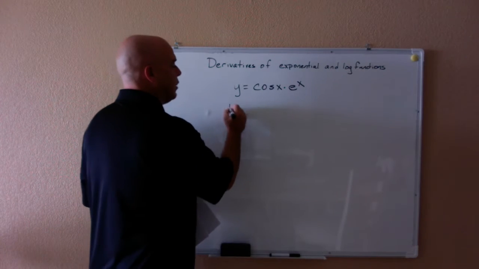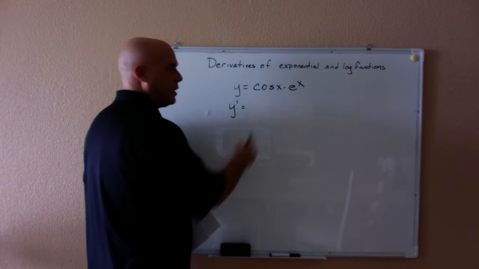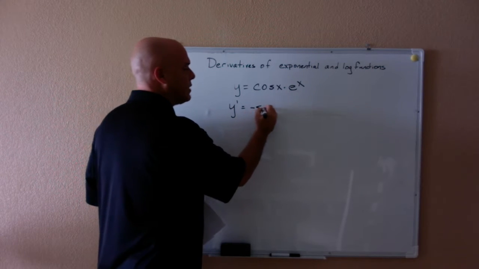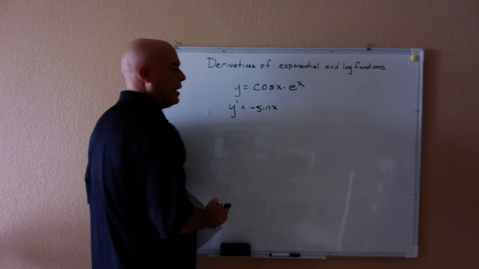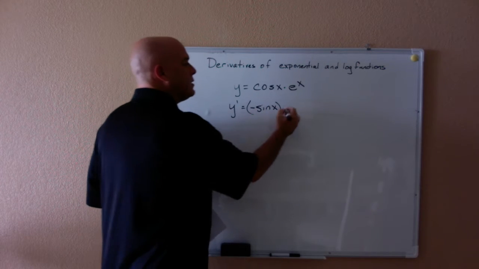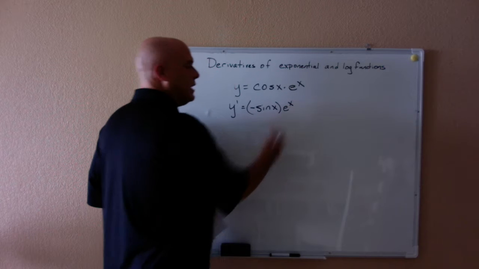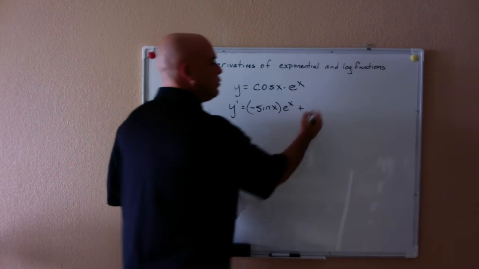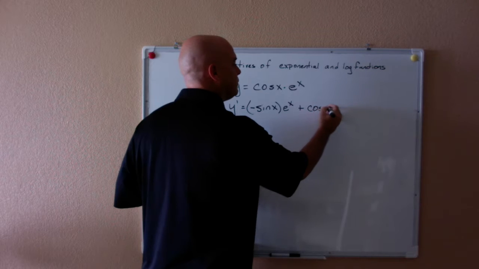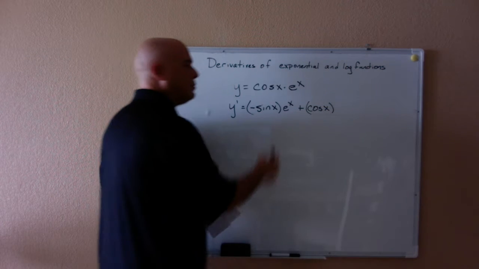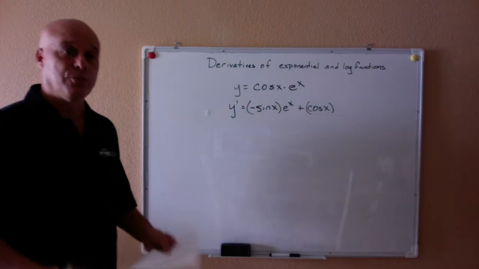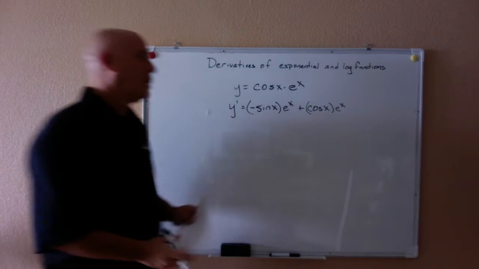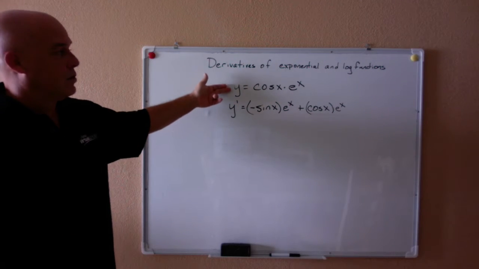And the product rule tells me that y prime is going to be the derivative of the first function, which is negative sine of x, times the second function, which is e to the x, plus the first function, cosine of x, times the derivative of the second function, but the derivative of e to the x is e to the x. And there we go. There's our derivative for this product rule.